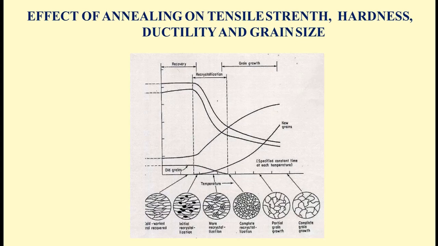When recovery occurs, the recrystallization rate and the grain growth rate fall, and vice versa. When grain growth is occurring at a higher rate, recovery and recrystallization are less. Different examples with their original microstructures are also given at the bottom of this figure.